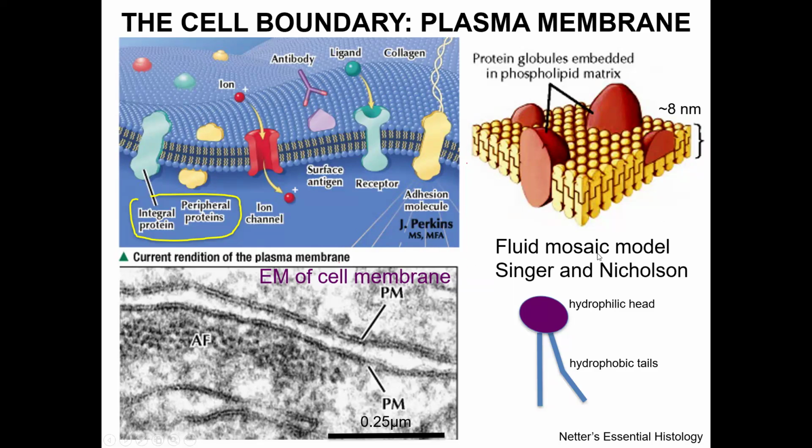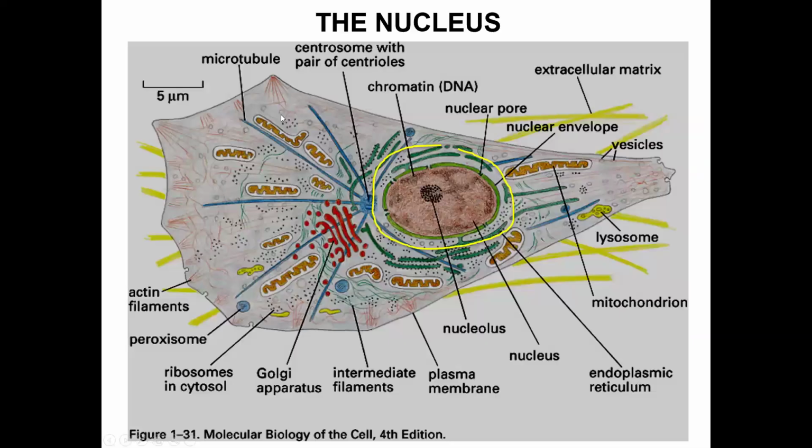Why is the model called the fluid mosaic model? Because these proteins are envisioned as diffusing in the plane of the membrane. So they are not static unless they are fixed in place by interaction with cytoskeletal elements or extracellular matrix proteins. Otherwise, they float in this lipid bilayer.